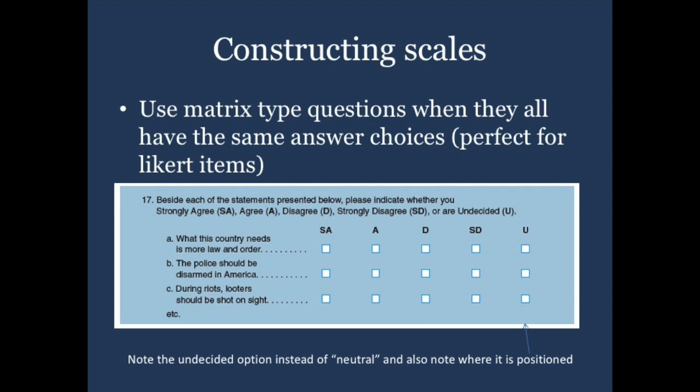There are 3 questions under one number, under question 17. So that is something to consider. That's one very important positive characteristic of ordered response items, that they can be put in matrices.